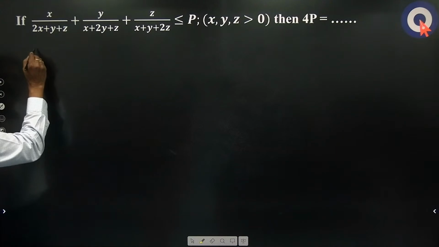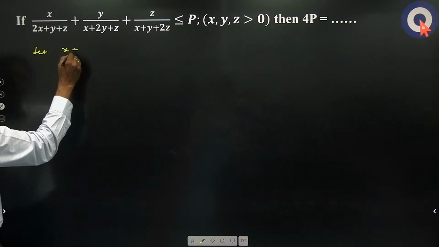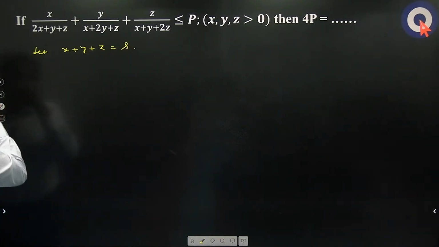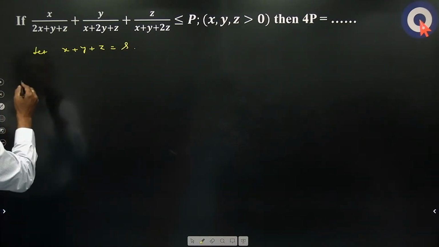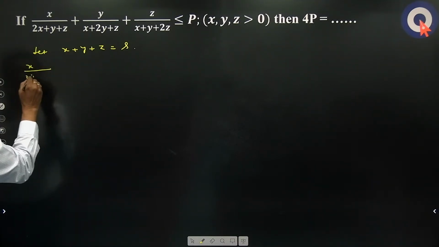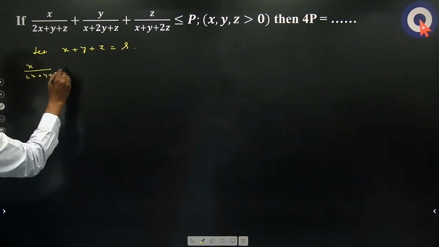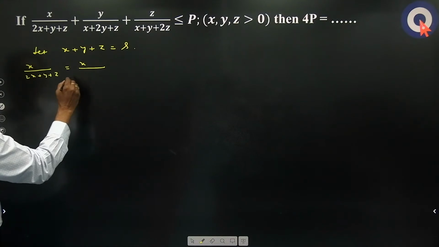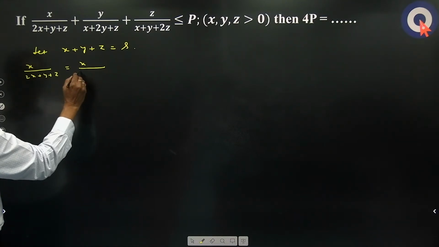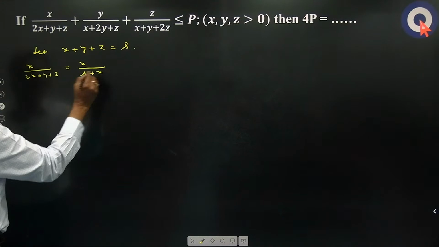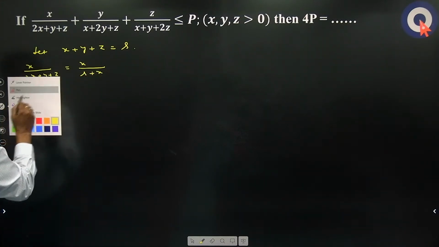I will just consider, let x plus y plus z is equal to s. All right. Then I will choose a function so that x by 2x plus y plus z will become x by s plus x, like that we can write. So we can write that later.